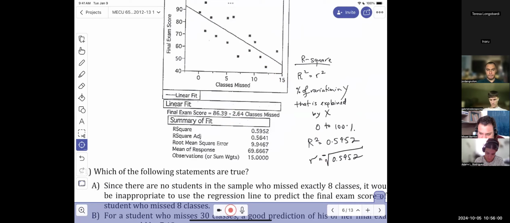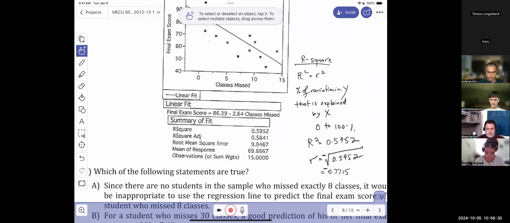And then I can calculate it: negative 0.7715.